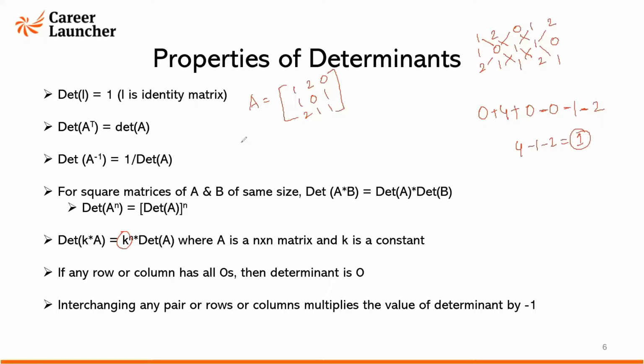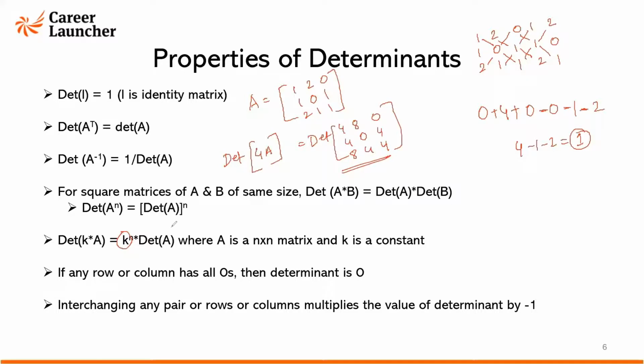Now if I want to find the determinant of 4 multiplied by A, if you remember the basic operations of a matrix, 4A becomes the determinant of: multiply 4 everywhere, so 4, 4, 8, 0, 4, 0, 4, 8, 4, 4. Now if you find the determinant here, that is my answer.